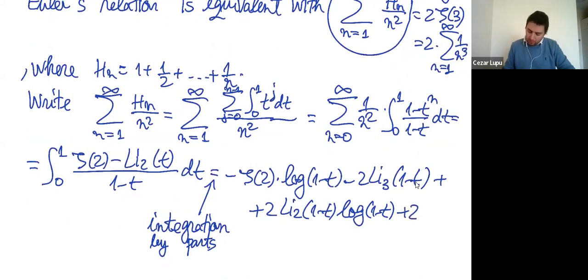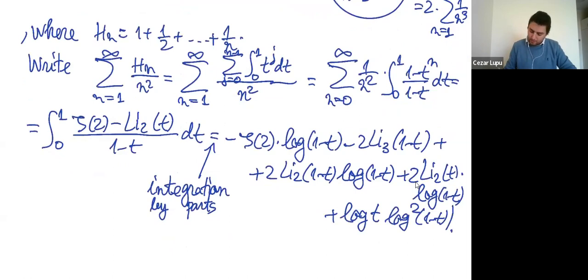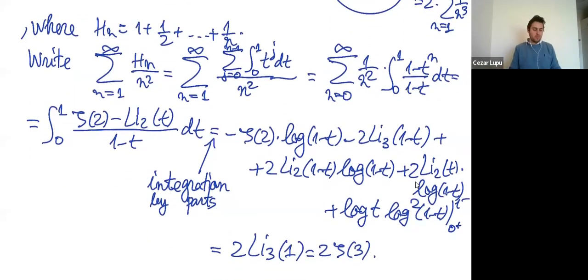Yeah, plus 2 dilogarithm of t times log of 1 minus t, and plus the last one, log of t times log squared of 1 minus t, from 0 to 1. Anyway, we put everything together. So this is just 2 times the trilogarithm evaluated at 1, and of course, this is 0 at 0. So that's how we prove this.